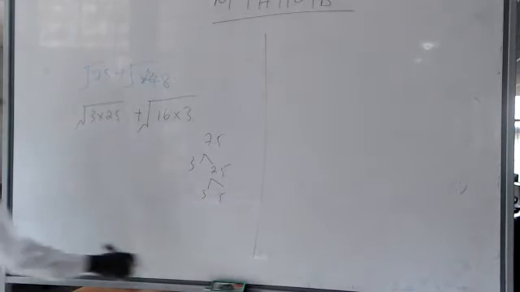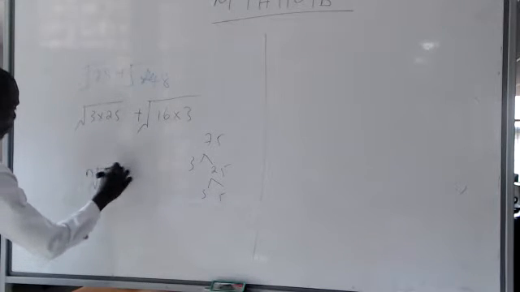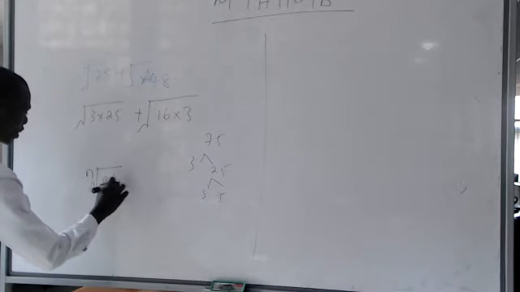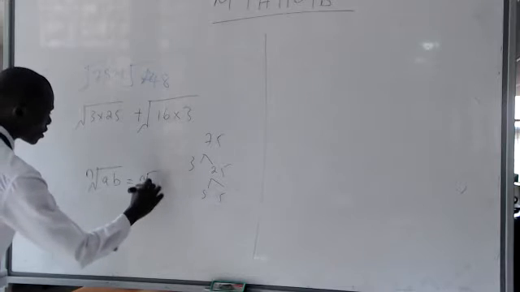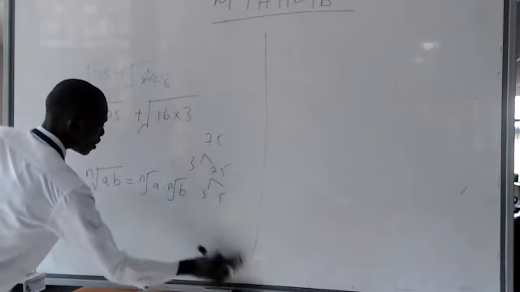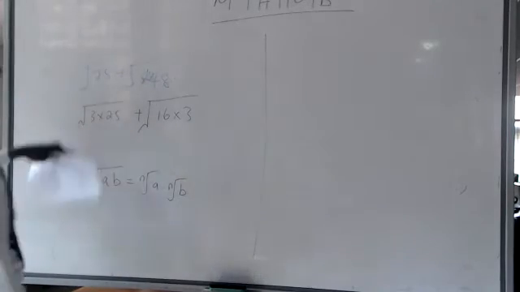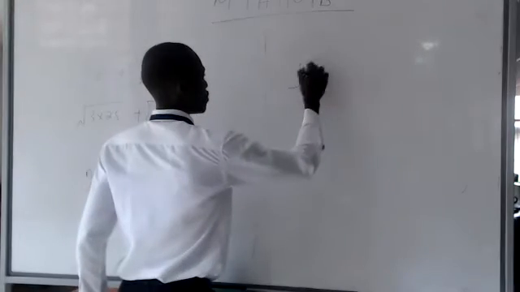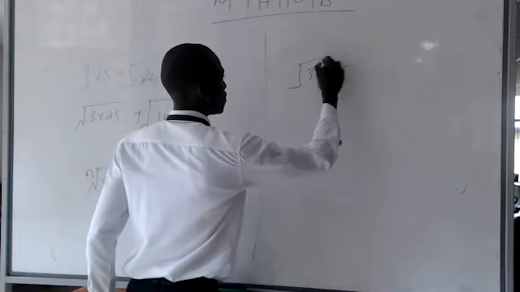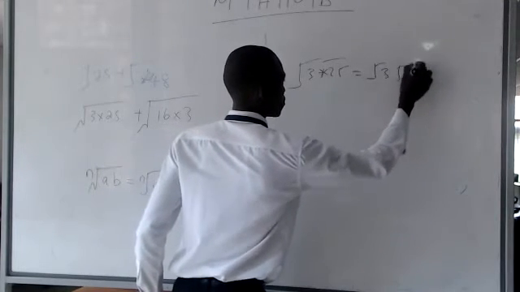And now after this, what you need to remember is this rule. The nth root of a product is a product of the nth roots. These are simply the laws of the exponents. So in this case, the square root of 3 times 25 should be square root of 3 times square root of 25.